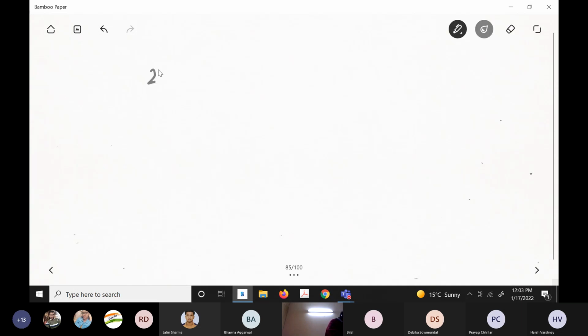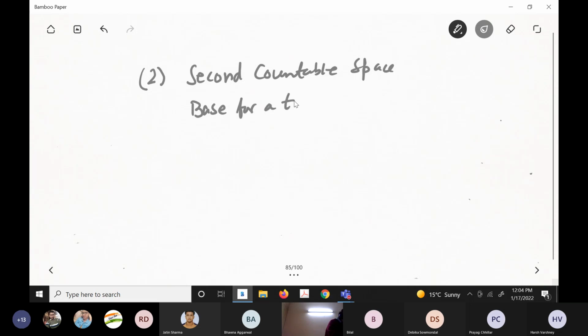Second countable space. But before that, you need to start with base for a topology. Base for a topology, definition.